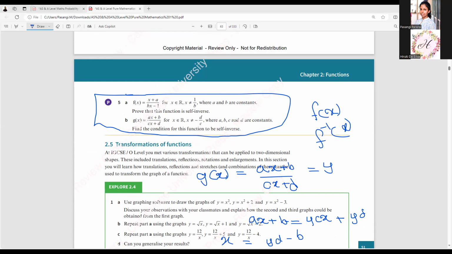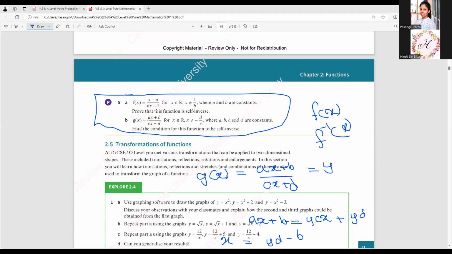a, b, c, d, all these are constants, and then find the condition for the self-inverse, right? If they ask us to find the condition for the self-inverse, what was it? Let me check.